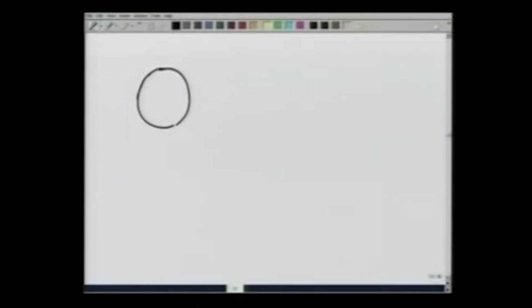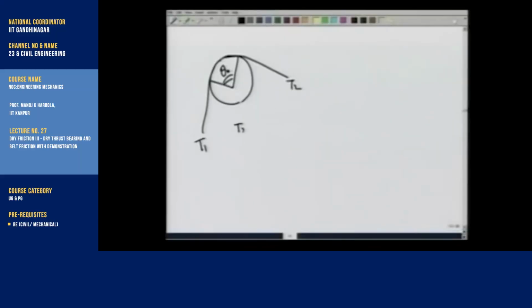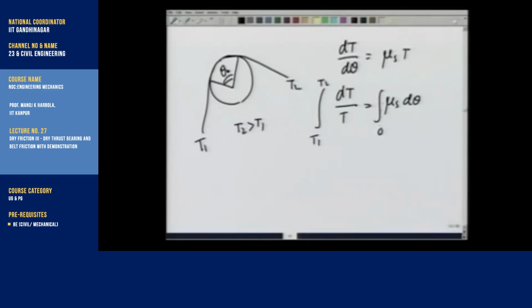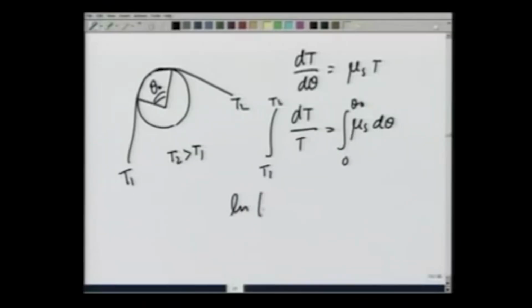If I calculate now, as I said earlier, if there is a pulley and the rope makes an angle theta 0 from T1 to T2, so that T2 is greater than T1, the equation is dT over d theta equals mu s T. If I solve this equation by writing dT over T equals mu s d theta, and integrate this from T1 to T2 and from 0 to theta 0, I get log of T2 over T1 is equal to mu s theta 0, or T2 equals T1 e raised to mu s theta 0.